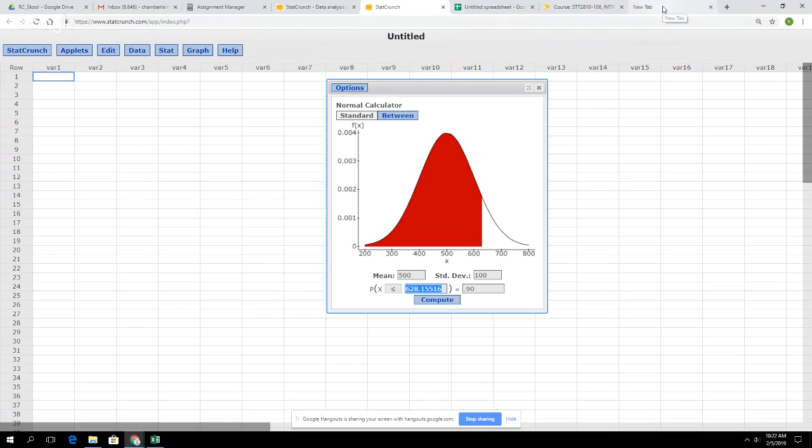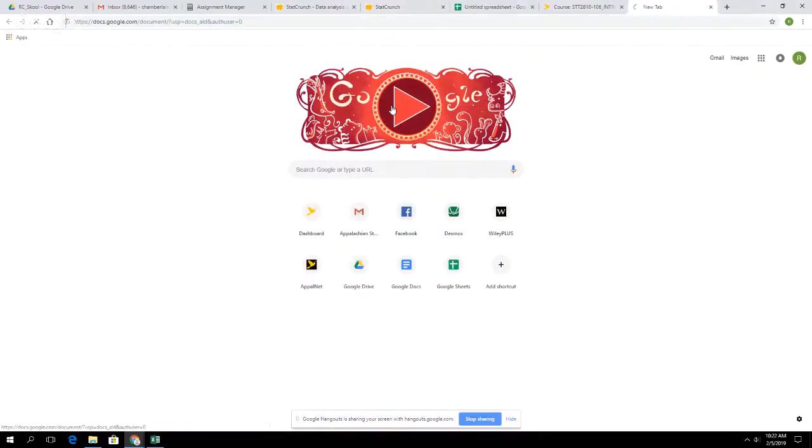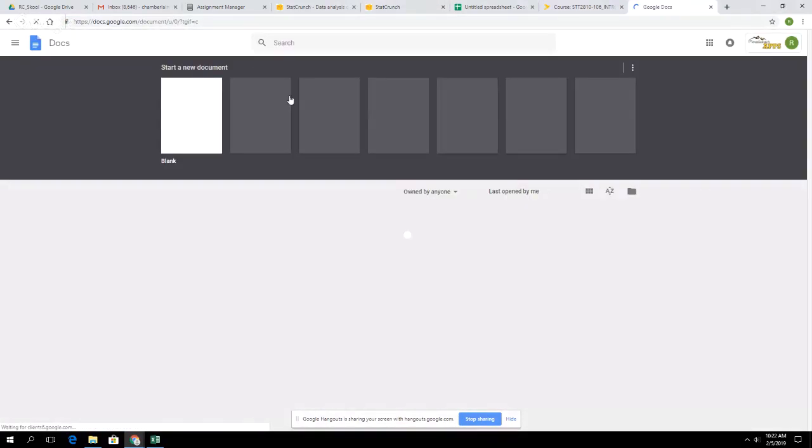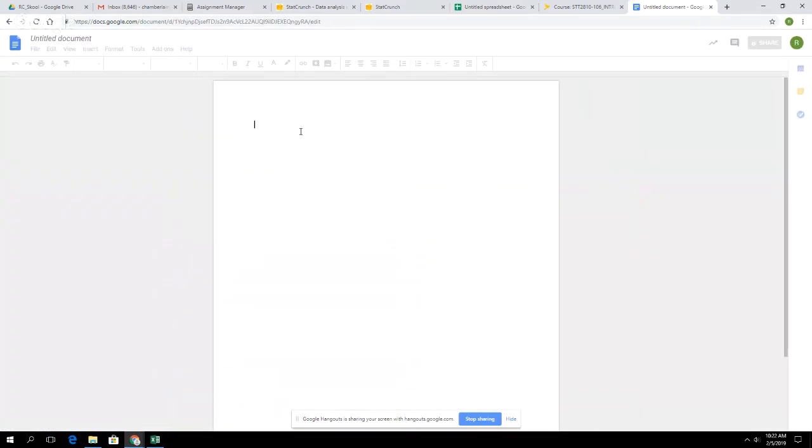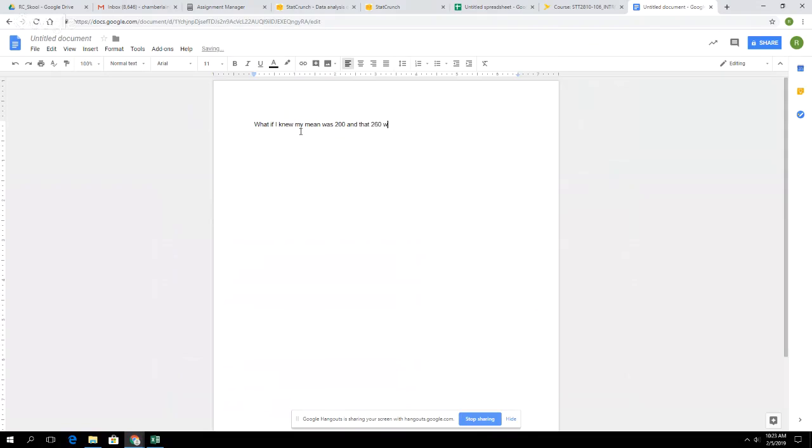There's one more kind of situation I want to talk about. What if I knew the mean was, I don't know, 200, and that 260 was the 90th percentile.